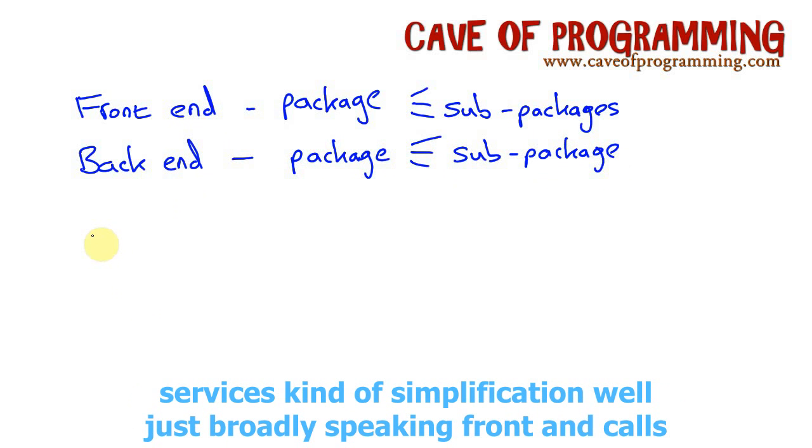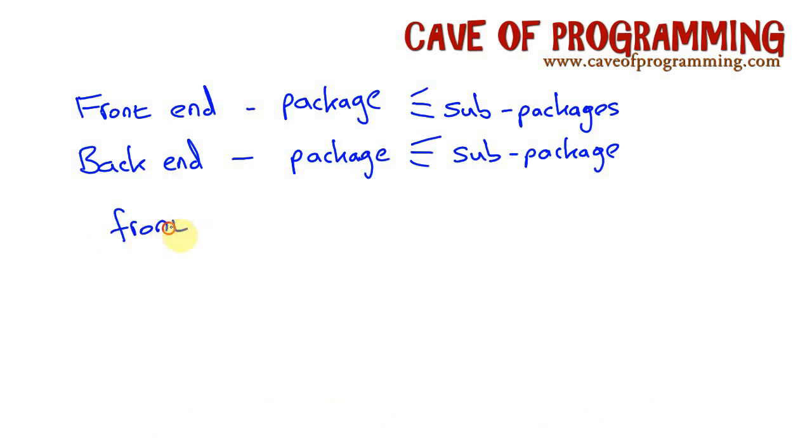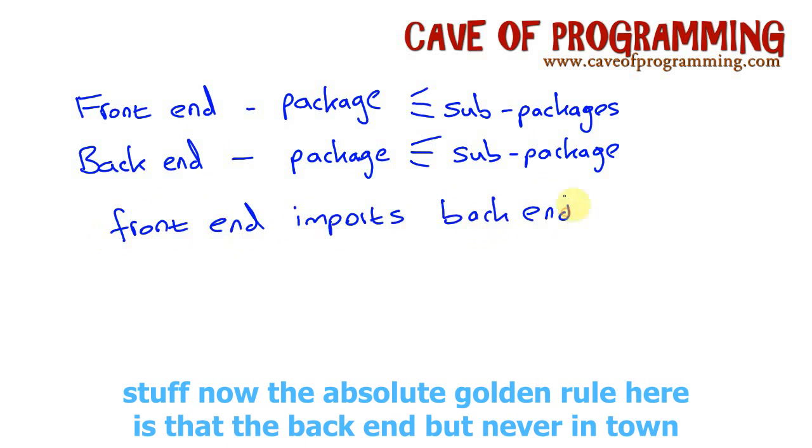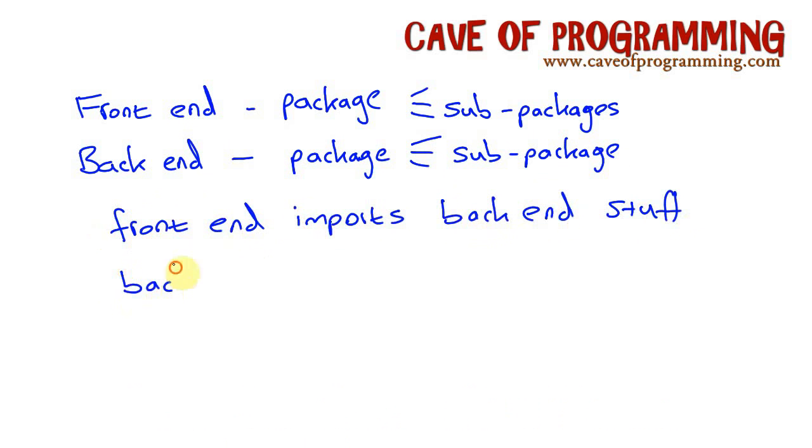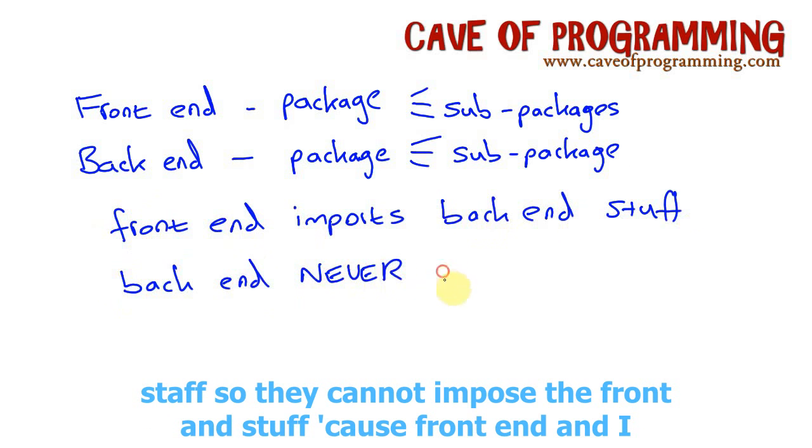So this is a simplification, but broadly speaking, front end imports back end stuff. Now, the absolute golden rule here is that the back end should never import front end stuff. So the back end never imports front end.